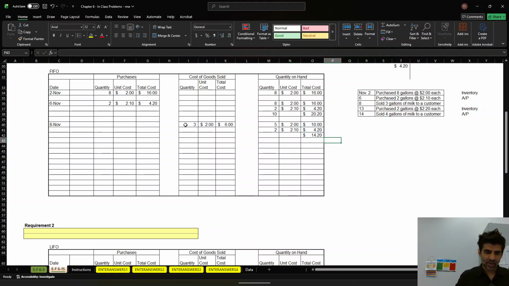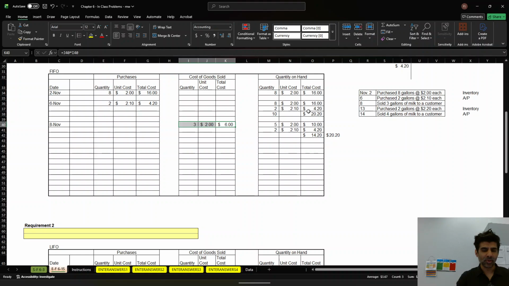Okay, and you can see here, if we take this ending inventory balance plus whatever inventory we just sold, it reconciles to this total, right? Because when we do cost of goods sold, we're taking our existing inventory and we're expensing some of it, okay? And so the total should be the same.